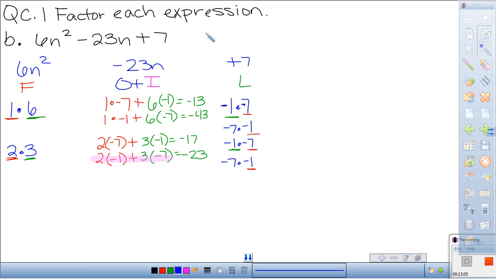So now let's write our binomials. Since 2 is outer and also first, it has to go here, 2n, and negative 1 has to be on the outside, and it's also from our last column, so here it is, last. If you'll notice, the outside ones, 2 and negative 1, I really just put them in order.